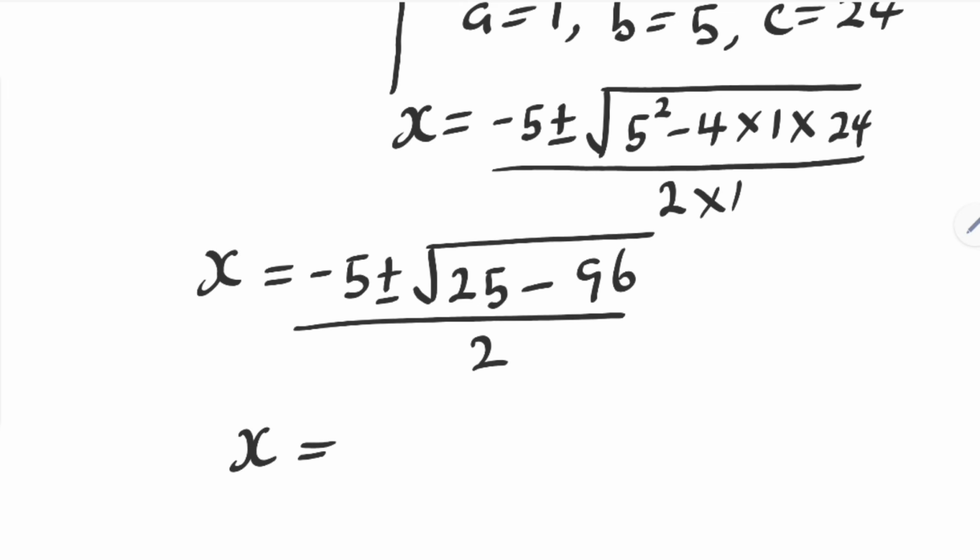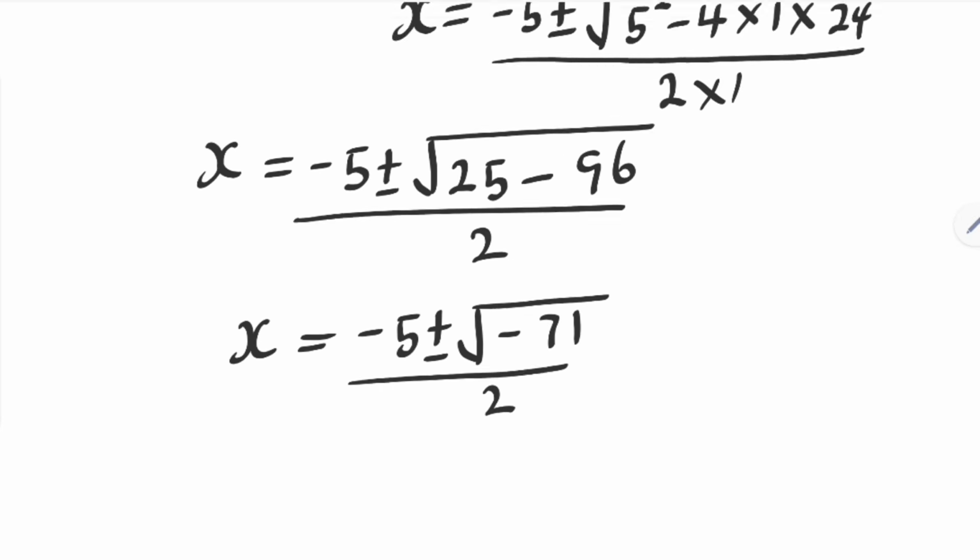s is equal to minus 5 plus or minus square root of 25 minus 96, this is minus 71, over 2.